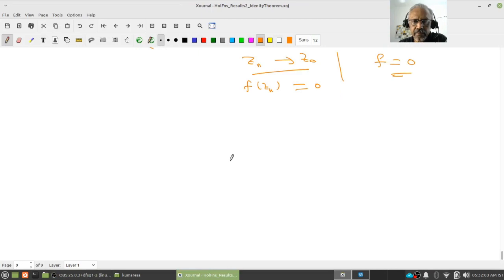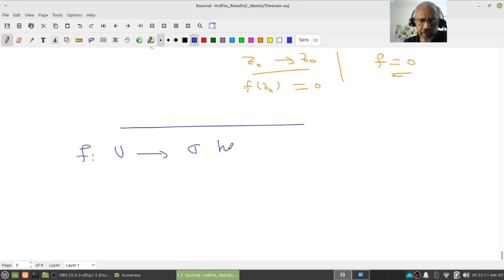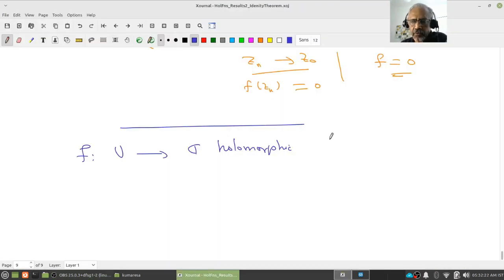Now let's look at a standard version of the identity theorem, which is also stated in my book. Let f from U to C be holomorphic, and U of course open and connected.